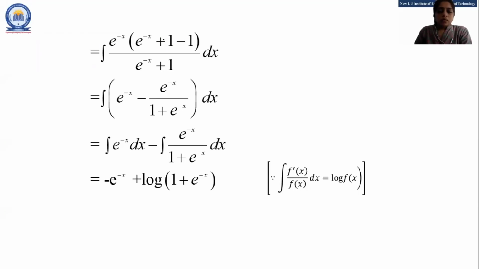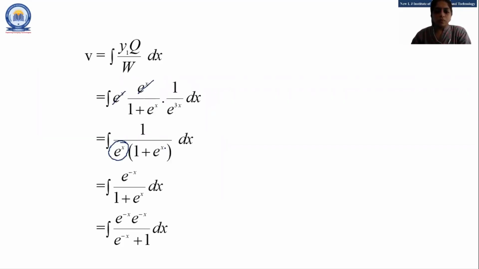So dividing individually, we get e raised to minus x minus e raised to minus x upon 1 plus e raised to minus x. If you have any doubt, you may also write it directly as e raised to minus x plus e raised to minus x upon e raised to minus x plus 1.